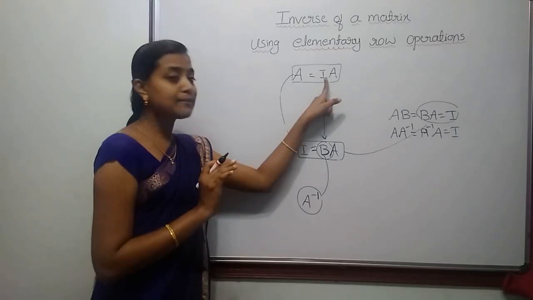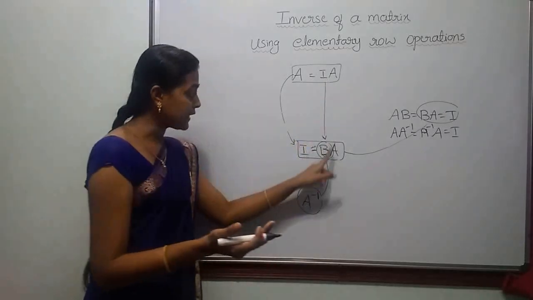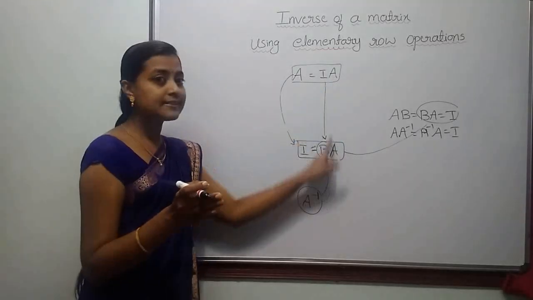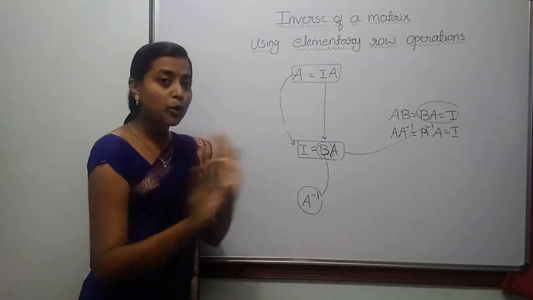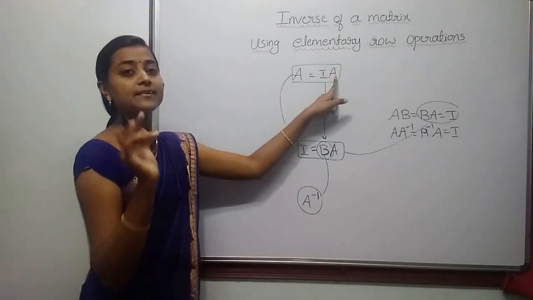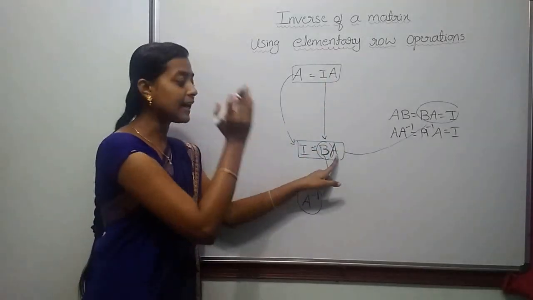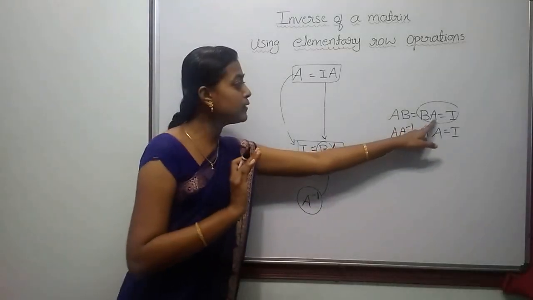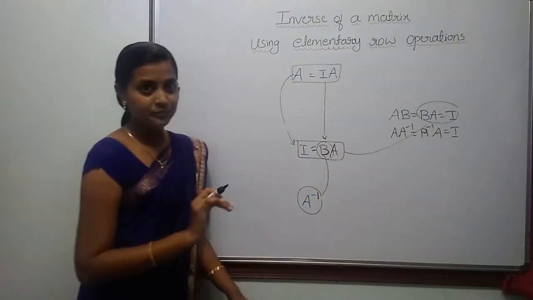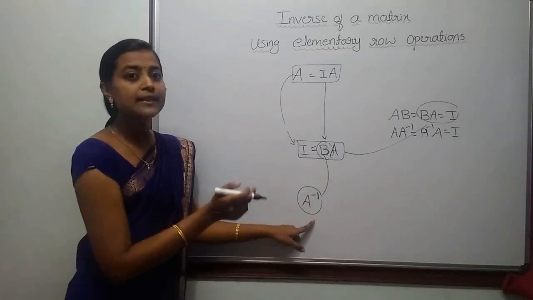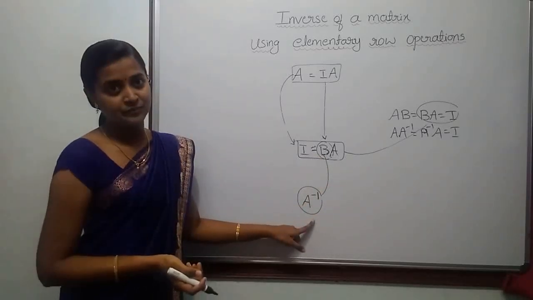Then this identity matrix will get reduced to some other matrix B, and keep the matrix A as it is in the RHS. We do not apply any operation on this matrix A in the RHS because we have to keep this A as it is to get the form BA is equal to I. Then the matrix B which you obtain here will be the inverse of matrix A.